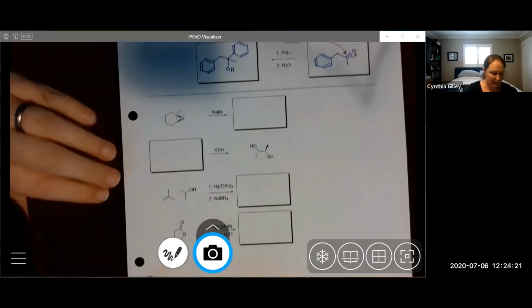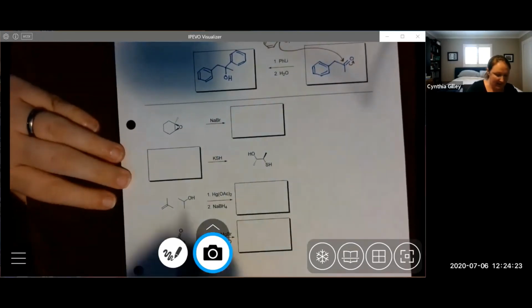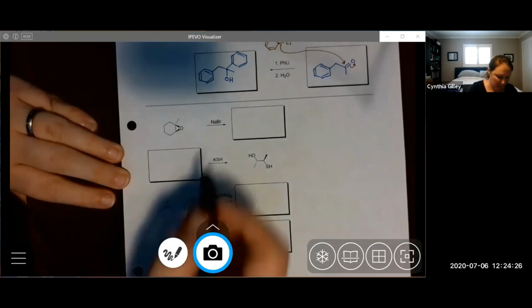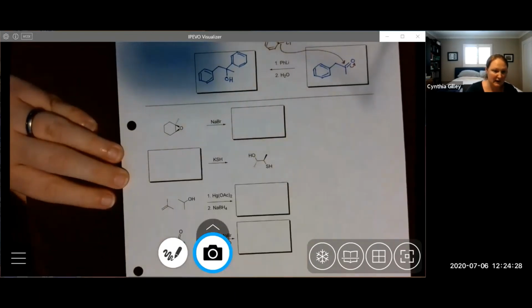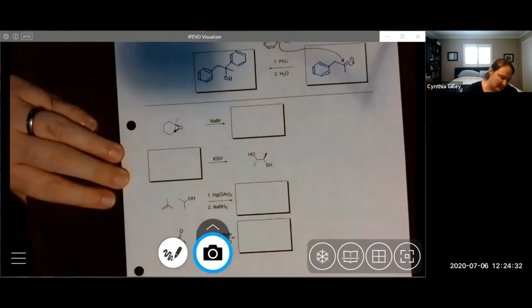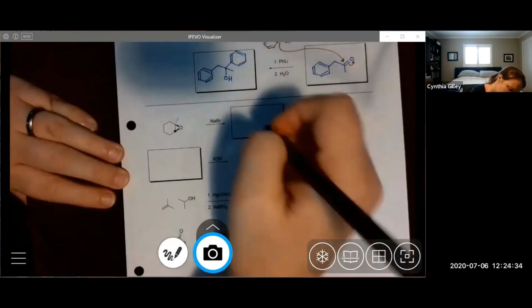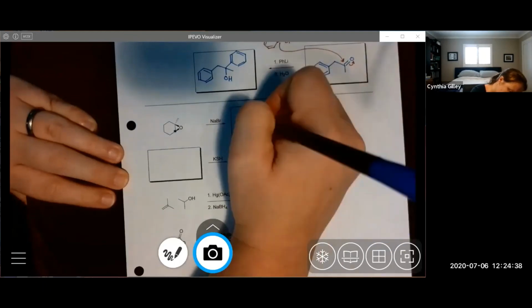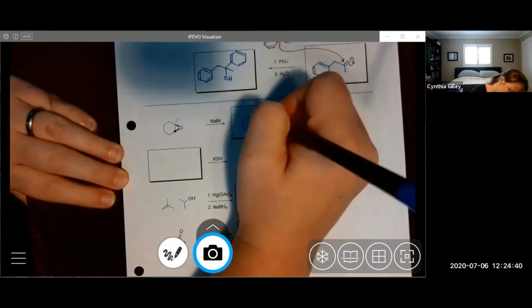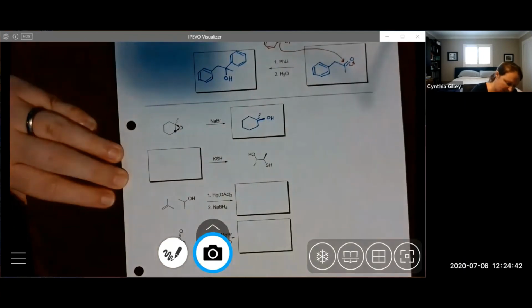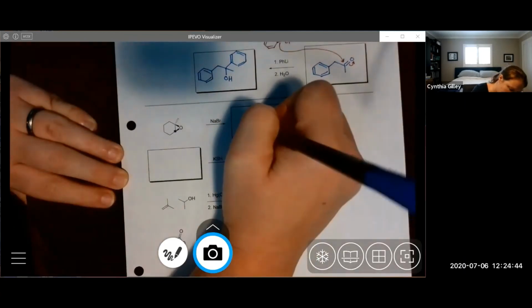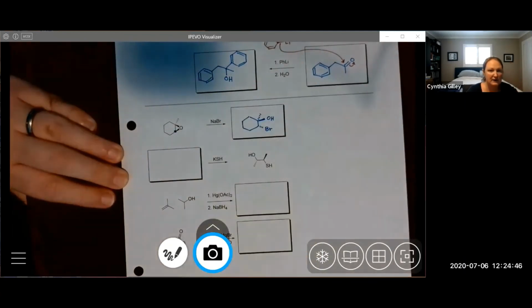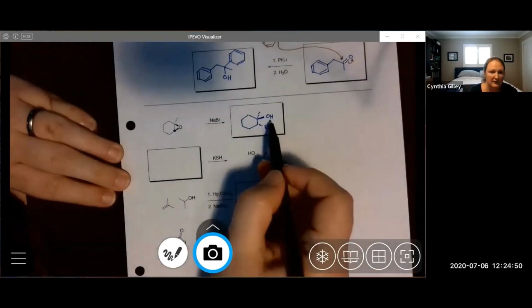Now we have an epoxide, right? Bromide is a strong nucleophile, so it's going to attack the less substituted carbon, and it will do inversion of that carbon. So we just want to make sure to go ahead and draw that from behind, so that we have inversion of that carbon, and then we assume there's an acidic workup by that proton.